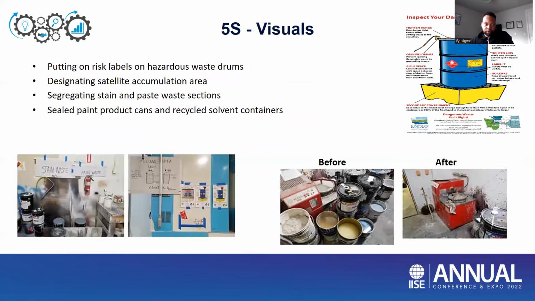We started to do some of this, like putting up visuals, such as posters on how to inspect the dangerous waste. Whenever they had paint, for example, open without closed lids, we had them move it and stage it into the particular segment of the plant that has the visuals on how to store their paint, making sure it's in a secondary container so that you can minimize any leaks or damages over time from opening this hazardous paint material.